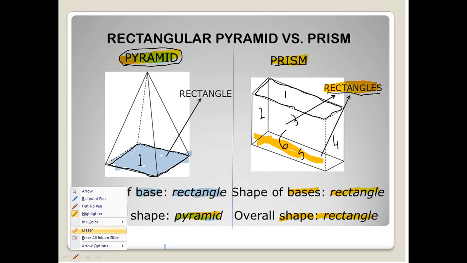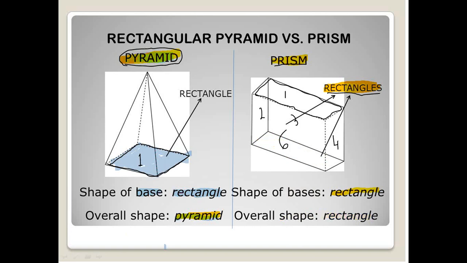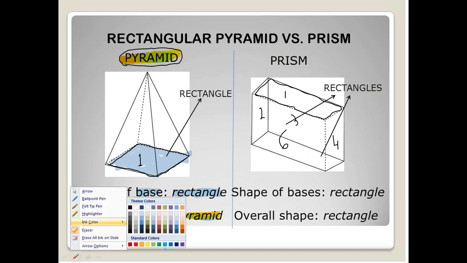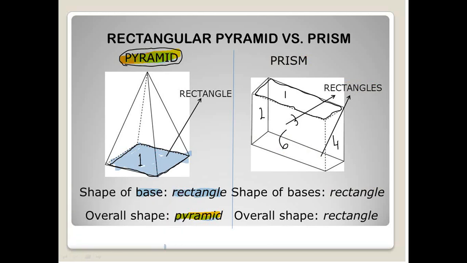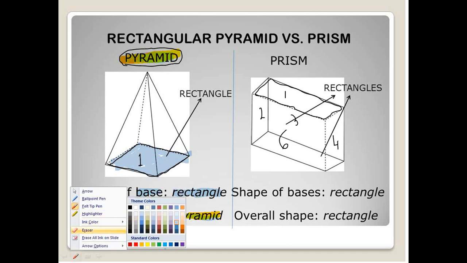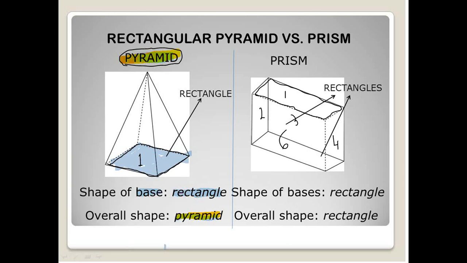Again, I'm going to erase the colors here so that you do not get confused. I will put another color for you here as well. It's blue. Let's keep it blue. The prism has all the faces having the shape of a rectangle. Again, here's the prism and they are all together rectangles.